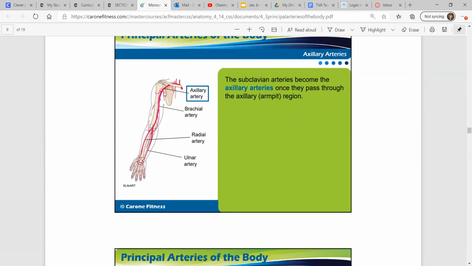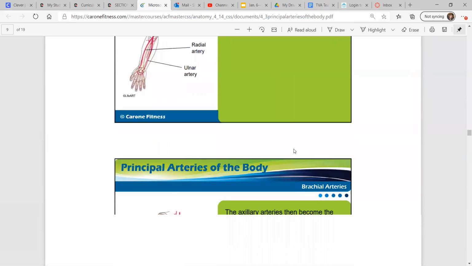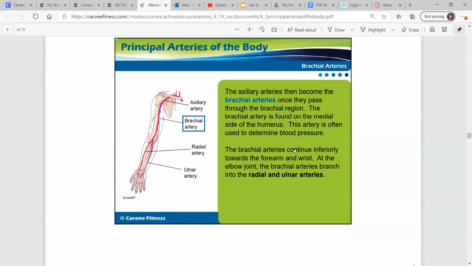So axillary, think armpit. And then the axillary arteries become brachial arteries once they pass this brachial region. Brachial, think of your arm near your bicep, brachial.